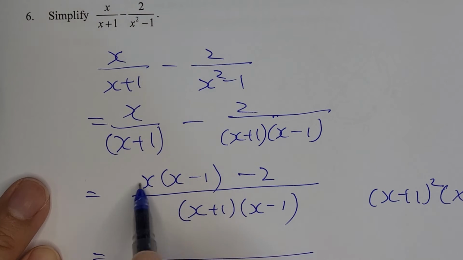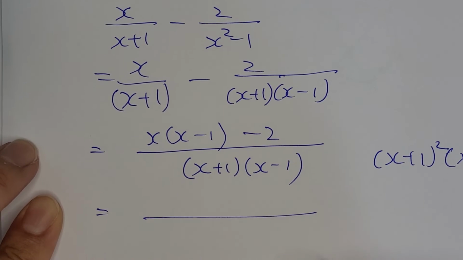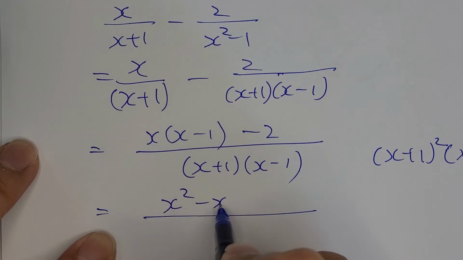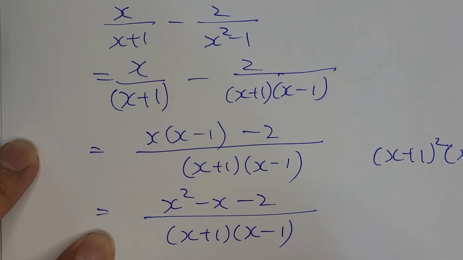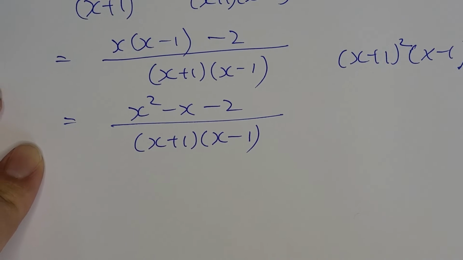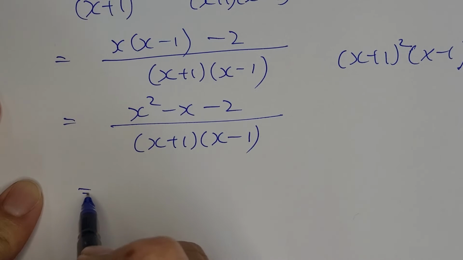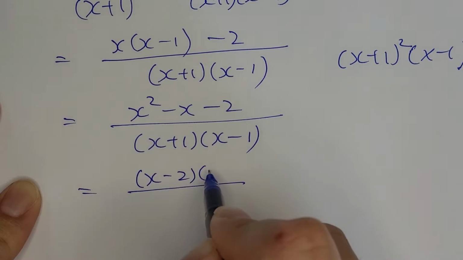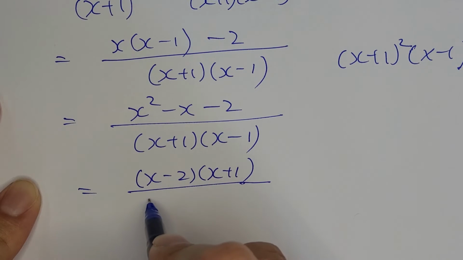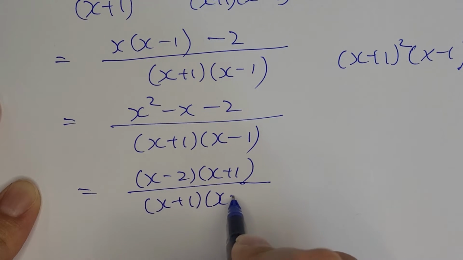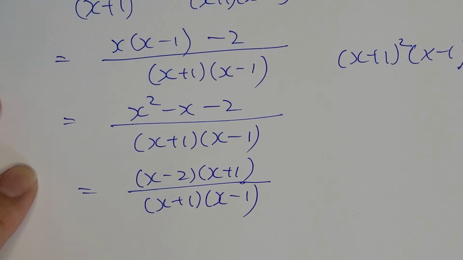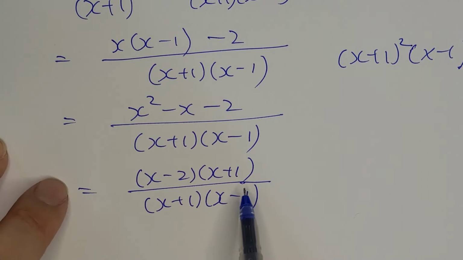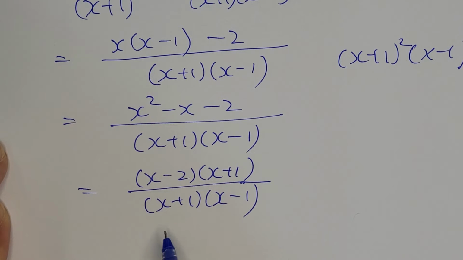So you can expand or simplify the numerator, become x squared minus x minus 2, denominator x plus 1 times x minus 1. But you can observe that the numerator can be further factorized. That becomes x minus 2 multiplied by x plus 1, and then x plus 1, x minus 1 in the denominator. So you can see that in both numerator and denominator, they have the same factor, x plus 1.